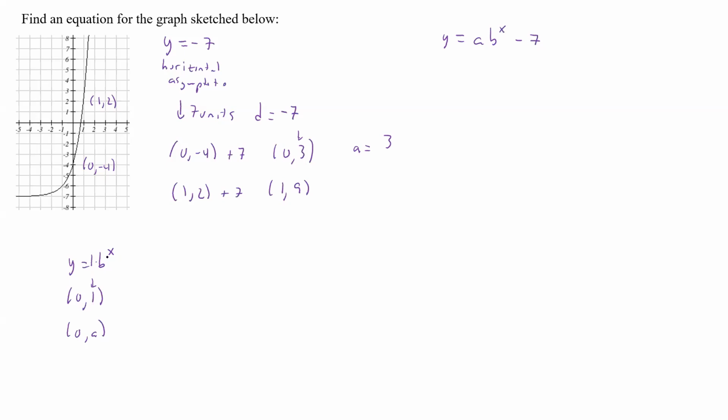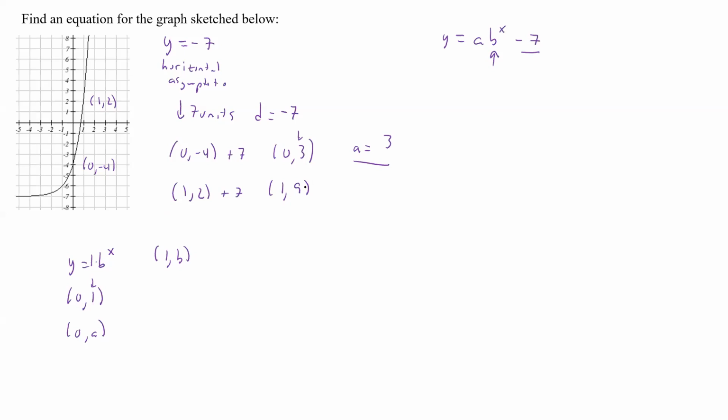So since we've got a, and we've got d being -7, all we have left is b. Normally in this format, b is going to be the point 1, b. But in this case, whatever depends on what your b is. So for 1, b, here we have 1, 9.